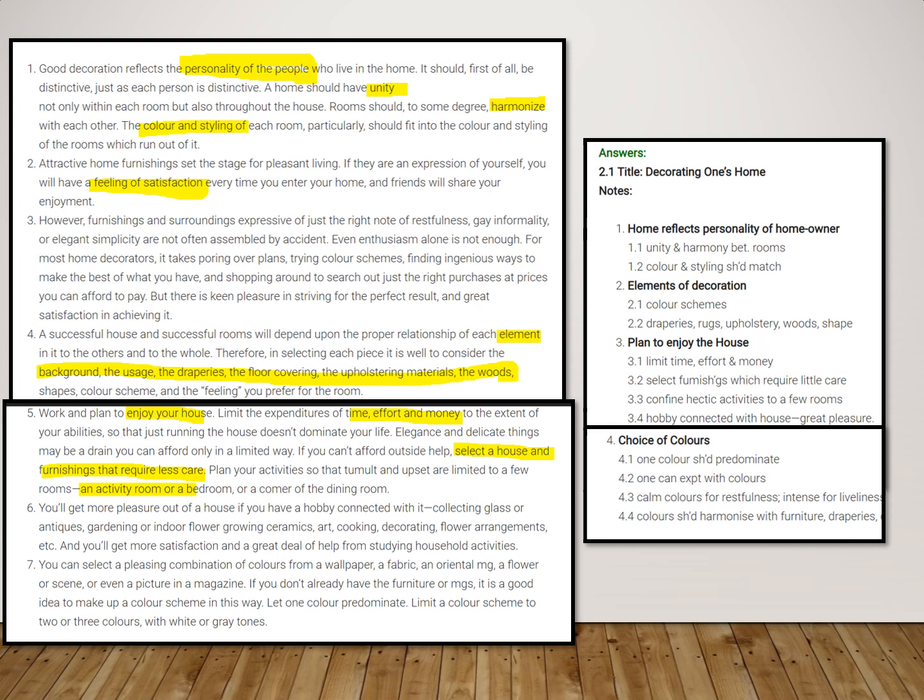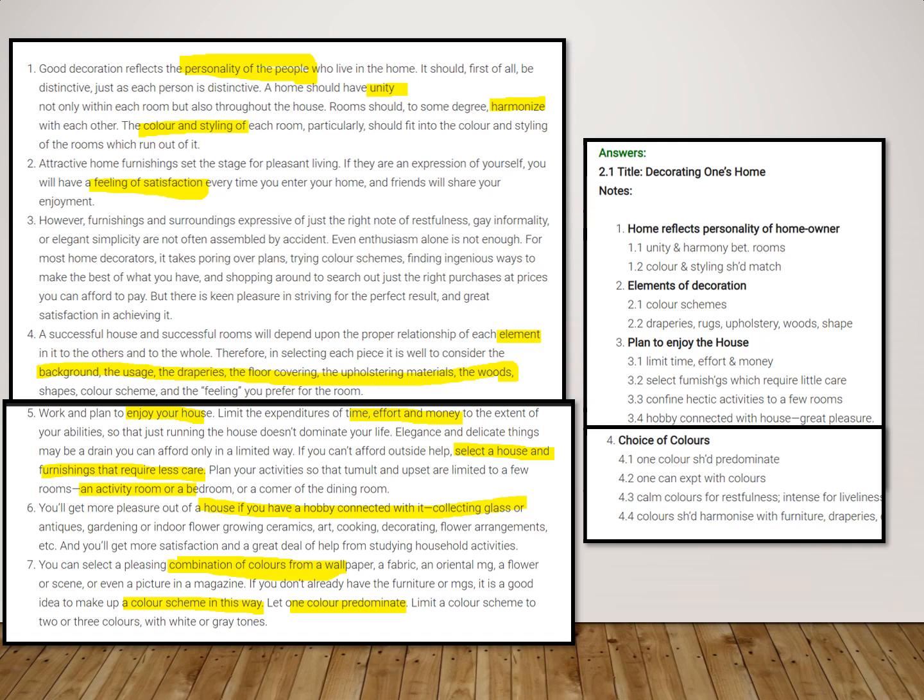Otherwise, the whole rooms would be disaster. And it would be great if you have a hobby connected to your house. Then the choice of colors, which colors should predominate, which colors you can experiment with, and then the calm colors can be for restfulness, and intense colors can be used for liveliness. So the colors should harmonize with the furniture and the draperies.